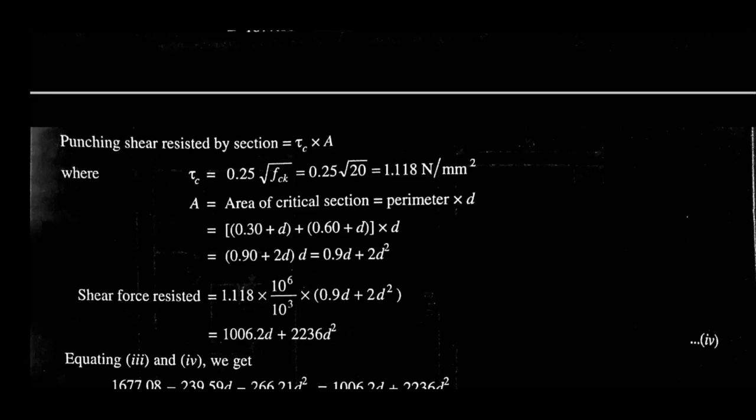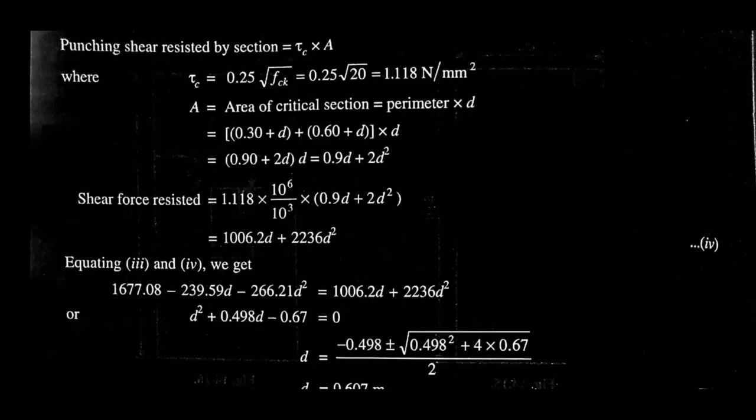By 10 cube into within bracket 0.9d plus 2d square, that is equals to 1006.2d plus 2236 d square. Now we have to equate equation 3 and equation 4 to find out the value of d.